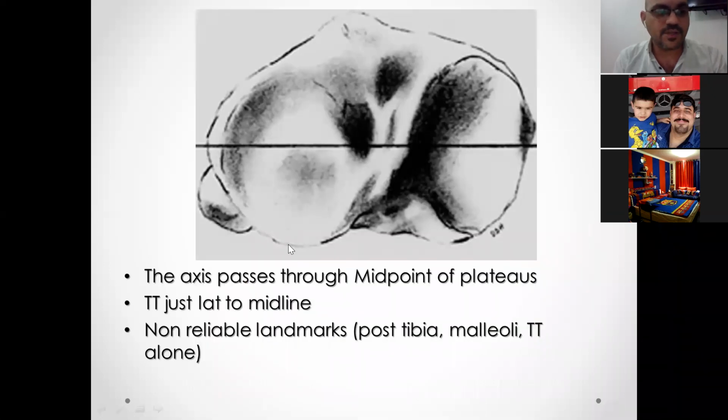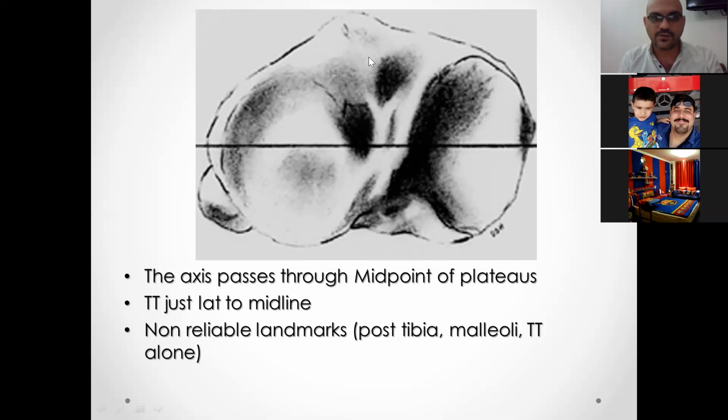Regarding the tibial rotational alignment, it is best seen when the entire tibial plateau is exposed. When the entire tibial plateau can be seen, the transverse axis runs between the midpoints of the medial and lateral tibial plateau, in this line. The neutral rotation of the tibial plateau places the tibial tubercle, as you see it, just lateral to the midline.